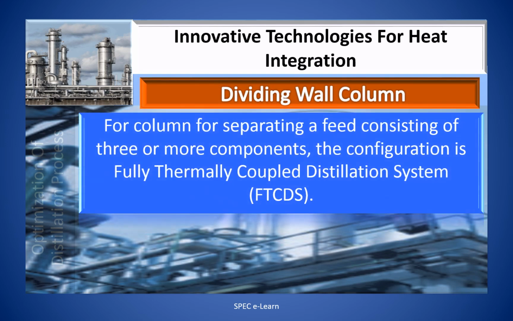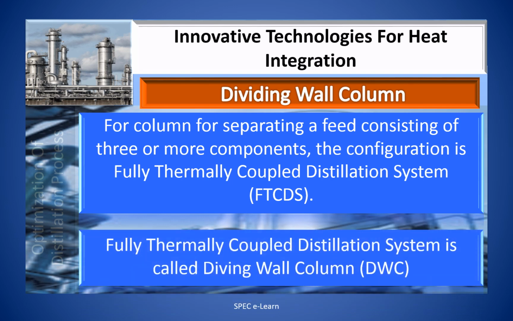For a column for separating a feed consisting of 3 or more components, the configuration is a fully thermally coupled distillation system. Fully thermally coupled distillation system is called dividing wall column, DWC.